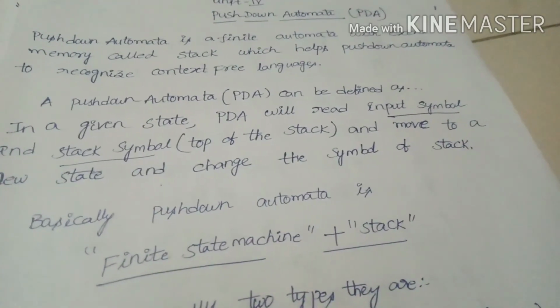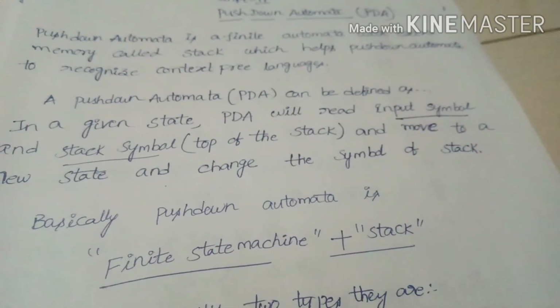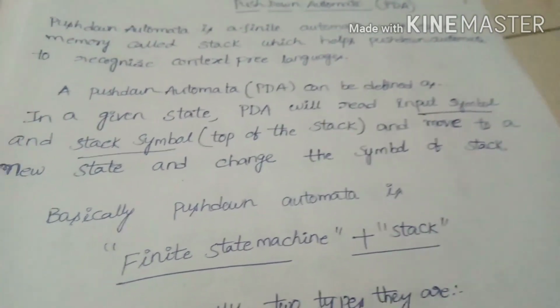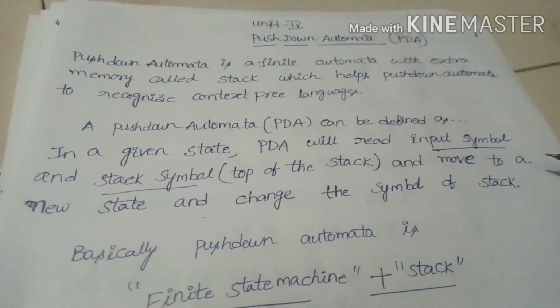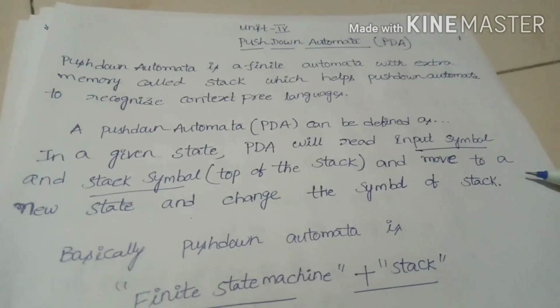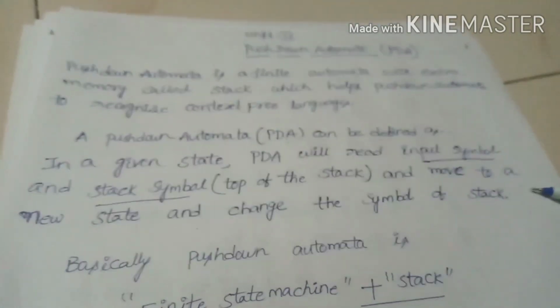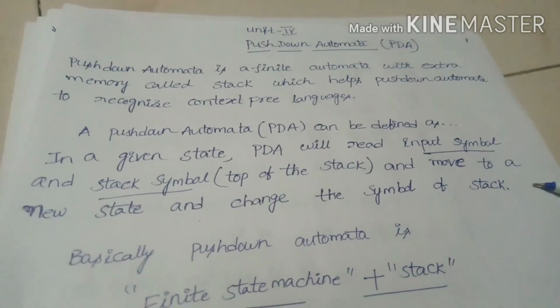In the PDA, that is pushdown automata, we can add and store elements. What is the definition of PDA? A PDA is defined as a finite state automata equipped with an auxiliary memory device for storing an unbounded number of symbols.